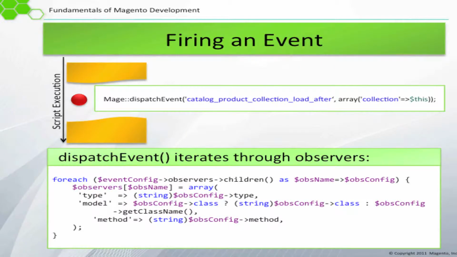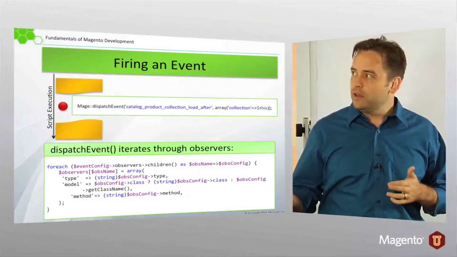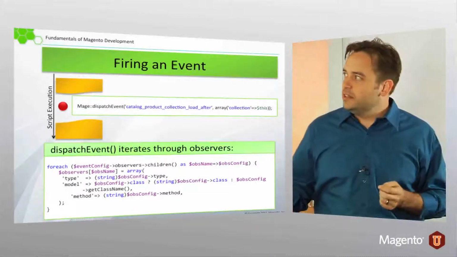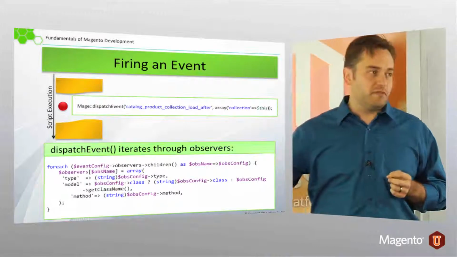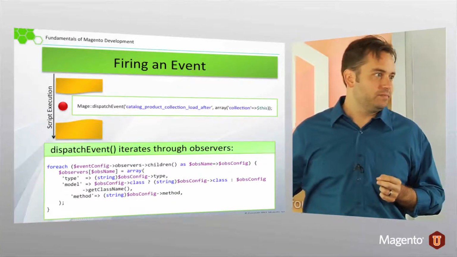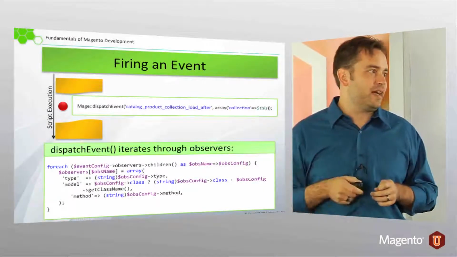In Magento we only have this one method of dispatching, and it's simply another static function call, Mage::dispatchEvent. And if you'll recall, I mentioned that it's just some specific string with an array of objects passed in. That's what it looks like everywhere an event is dispatched.